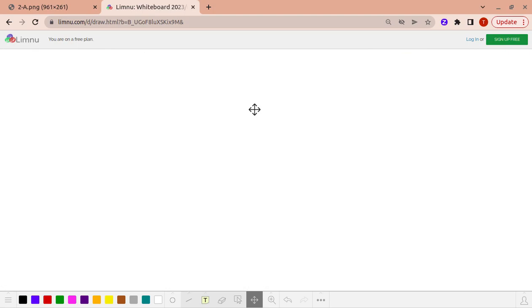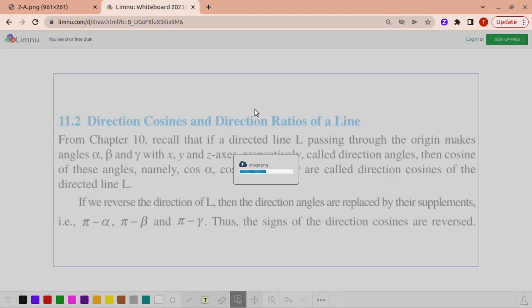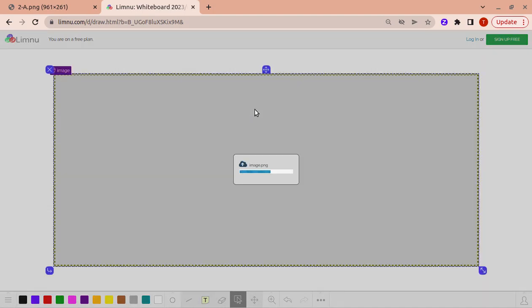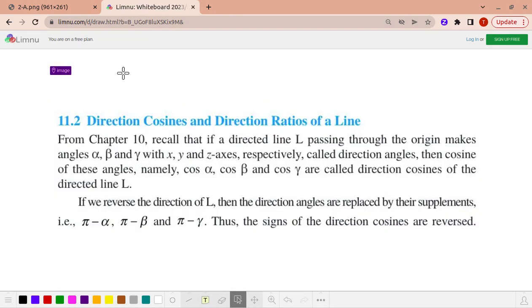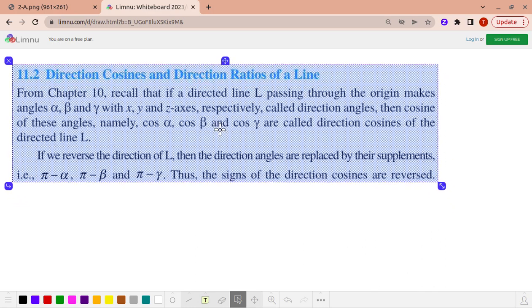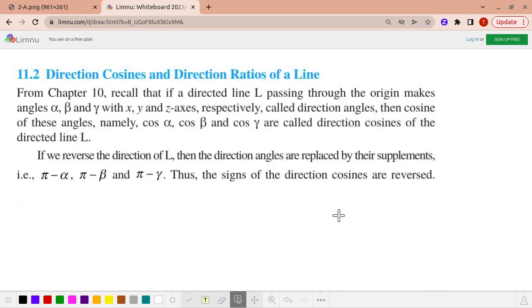So in the previous unit, when we discussed vector algebra, you had a clear understanding of the direction angle. If we have a directed line L passing through the origin that makes angles alpha, beta, gamma with the x, y and z axis respectively, these are called the direction angles that we discussed during the vector algebra discussion.